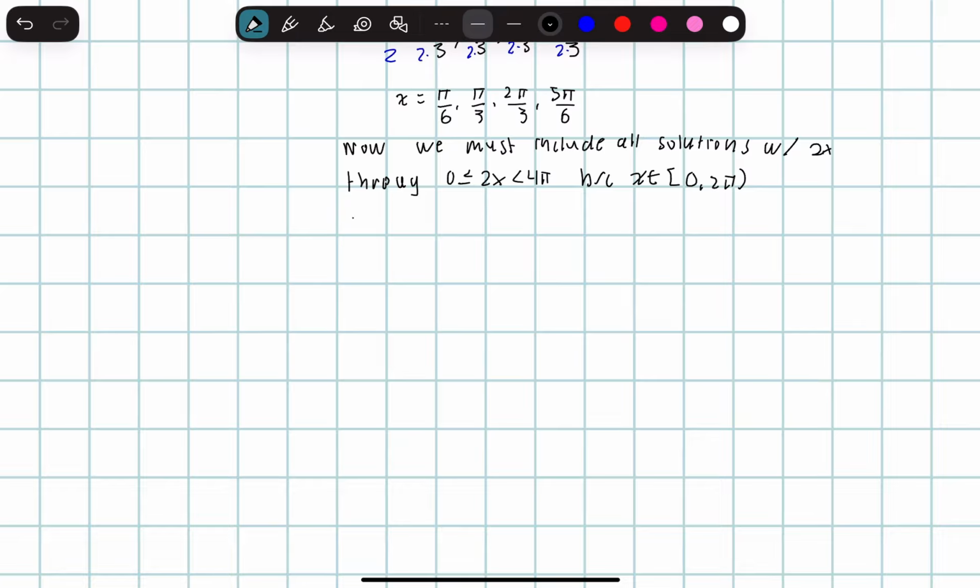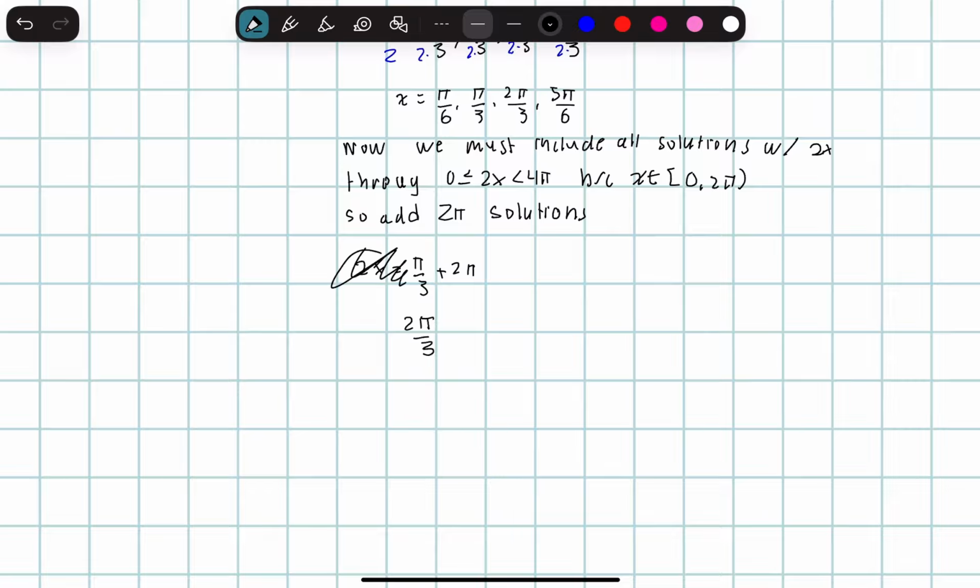So add 2 pi solutions. Now 2x is equal to pi over 3 plus 2 pi, 2 pi over 3 plus 2 pi.